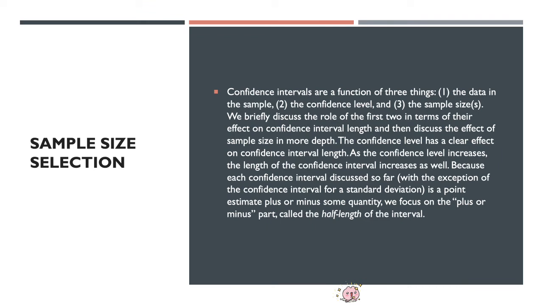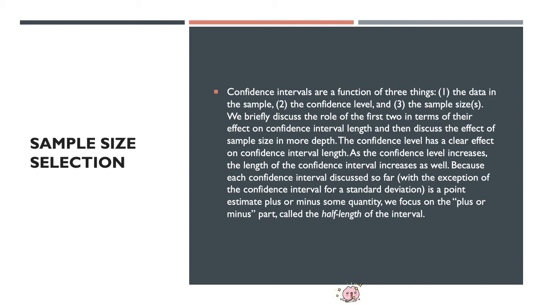Sample size selection. Confidence intervals are a function of three things: first, the data in the sample; second, the confidence level; and third, the sample size. We briefly discussed the role of the first two in terms of their effect on confidence interval length, and now discuss the effect of sample size in more depth.